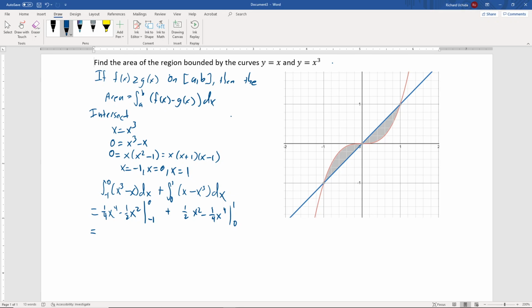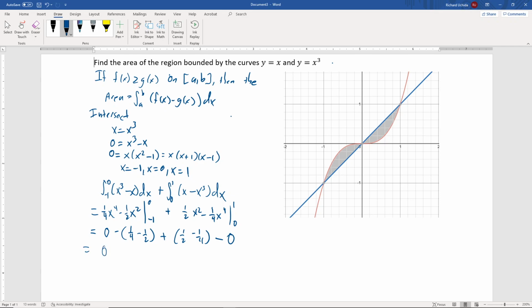For the first piece, plugging in our upper limit, we'd have 0 minus 0 when we plug in x equal to 0, so that'd be 0, minus plugging in negative 1, which would be 1/4 minus 1/2. For the second piece, plugging in 1 into the antiderivative, we'd have 1/2 minus 1/4, minus plugging in our lower limit, which gives again 0.